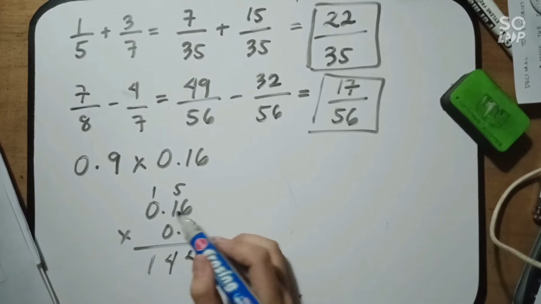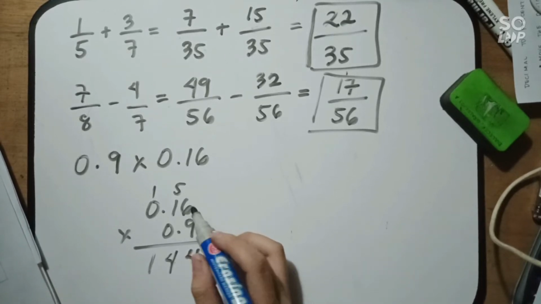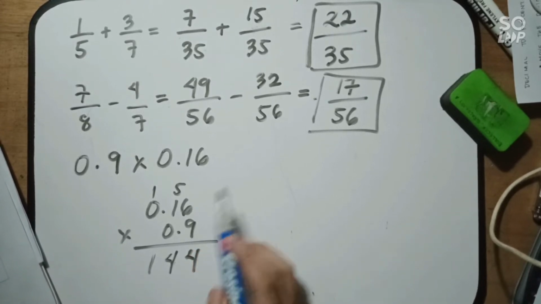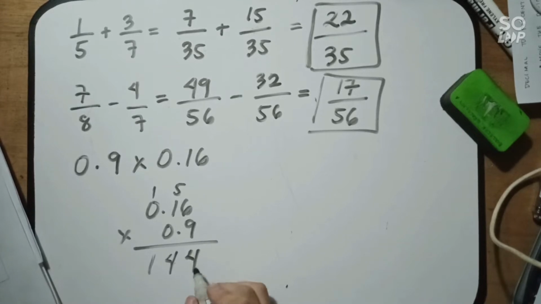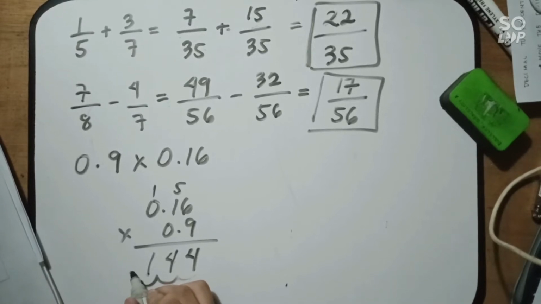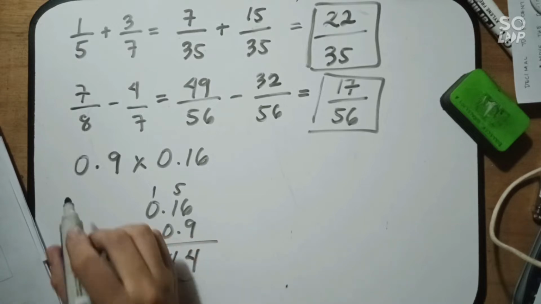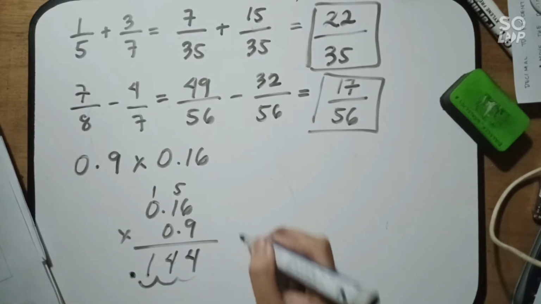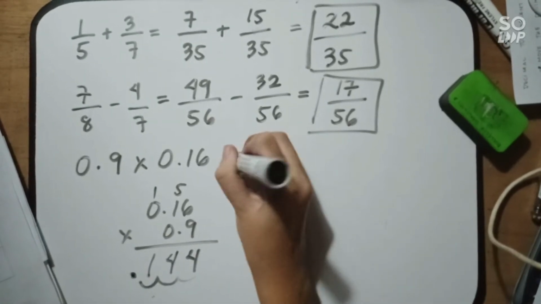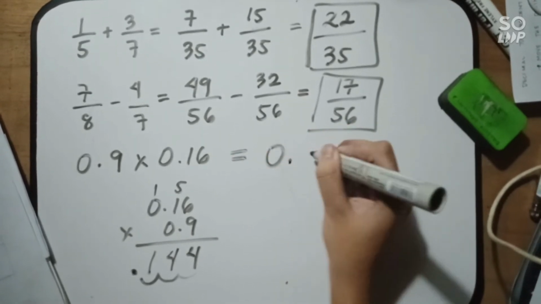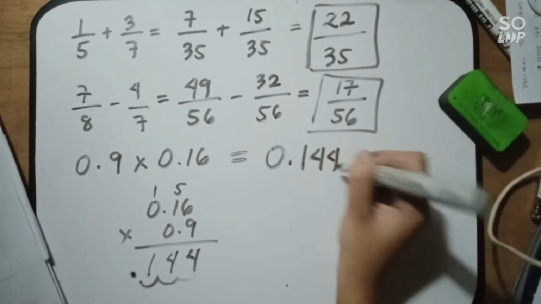And then count the decimal places. So 1, 2, 3. So 3 means 1, 2, 3. Therefore, the decimal point will be here. So hence, 0.9 times 0.16 is equals to 0.144.